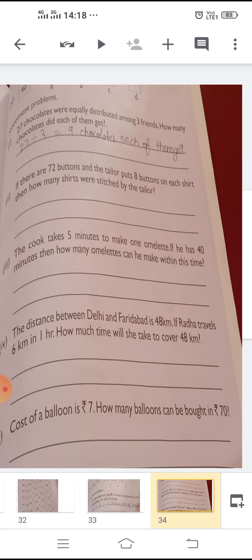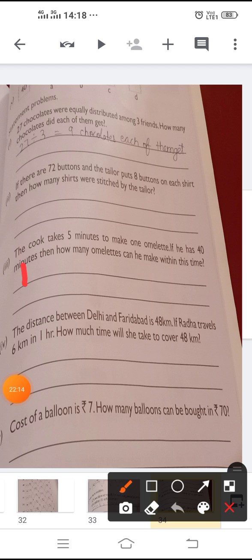Means 8 omelettes he can make within 40 minutes, because in one omelette he is taking 5 minutes, and in 40 minutes he will make 8 omelettes. Okay, 40 divided by 5, that will give us 8.